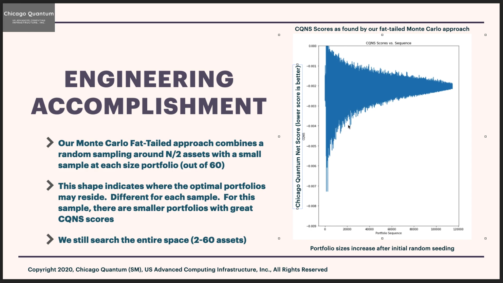And you see there's like an asymptotic relationship here, whereas you get larger and larger, these are 60 asset portfolios or 58, 59. They're all right around that negative 0.002, but the best ones are negative 0.004, negative 0.006, there's even one negative 0.007. So we want to capture those. We'll still search the entire space, but it gives us a sense of where the best answers, by the way, and the worst answers are as well. So you can't just pick randomly a small portfolio, you have to pick the best one.